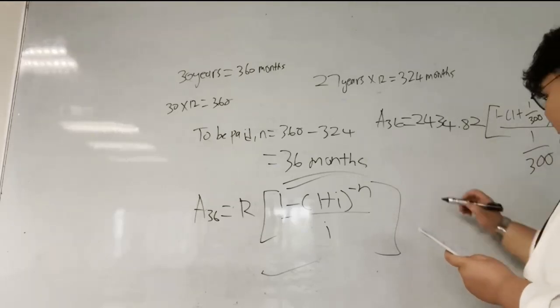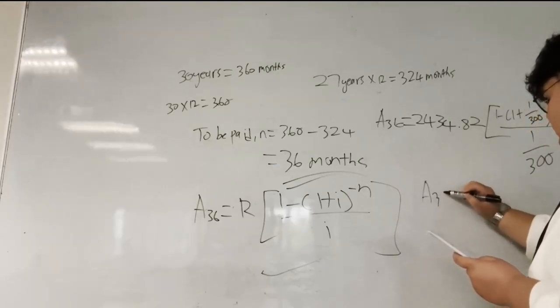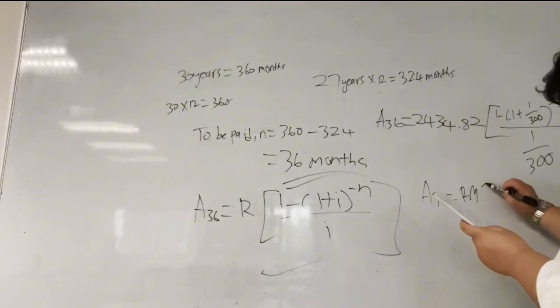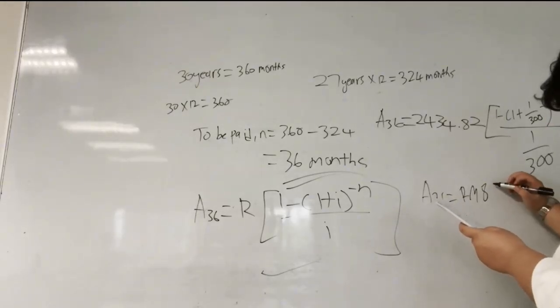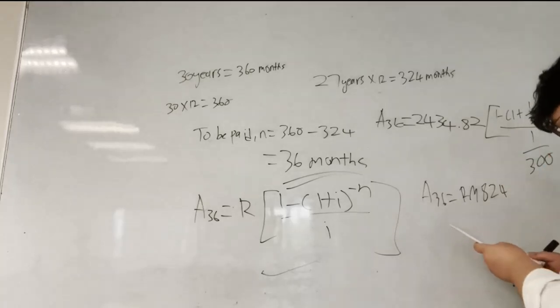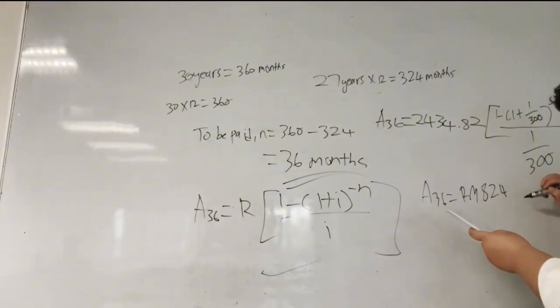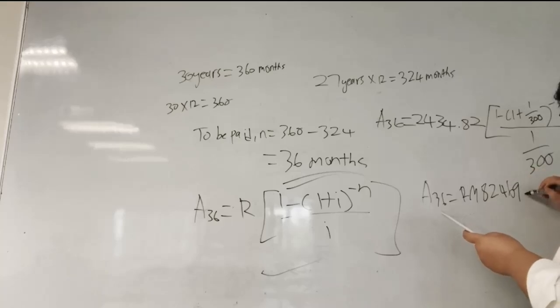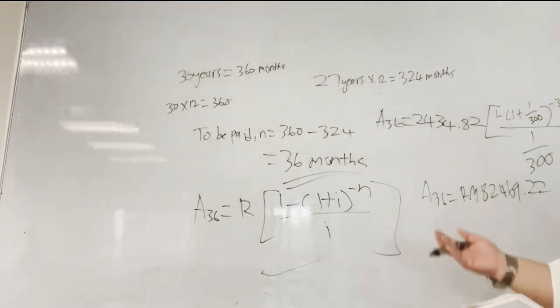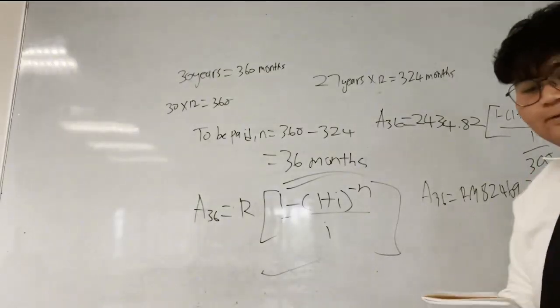So we use the calculator, then we will get RM82,469 ringgit point 22 cents. So that is how we get the answer for question E.